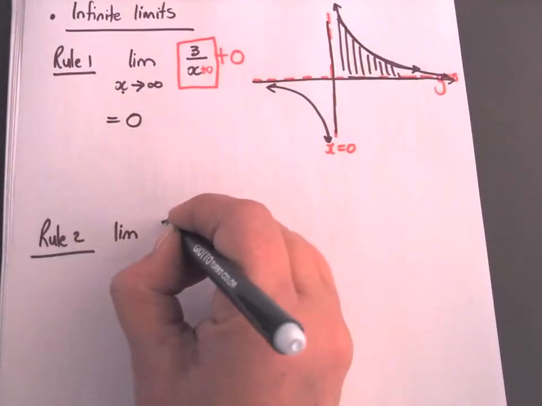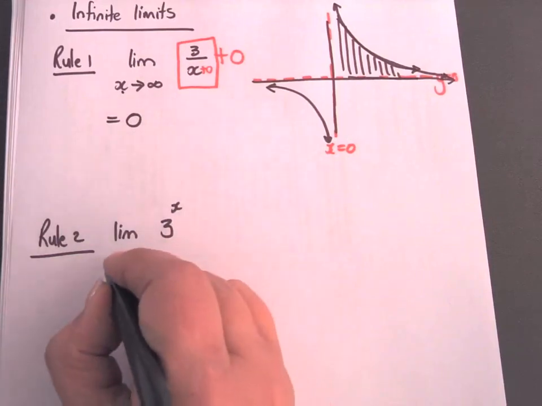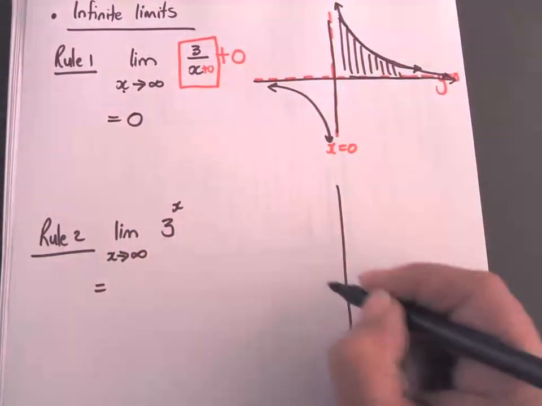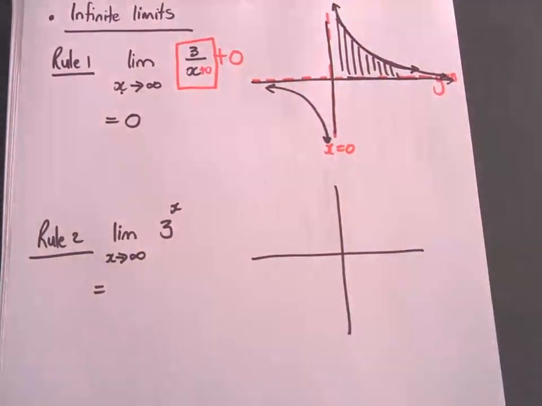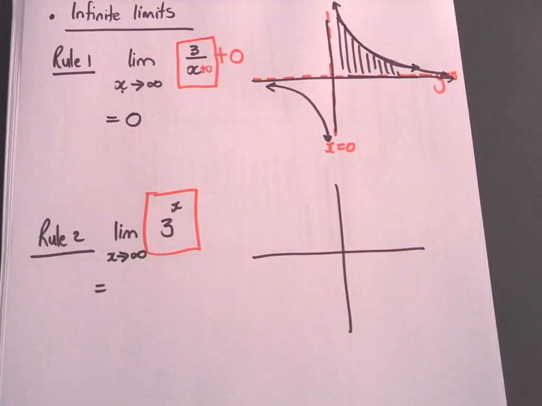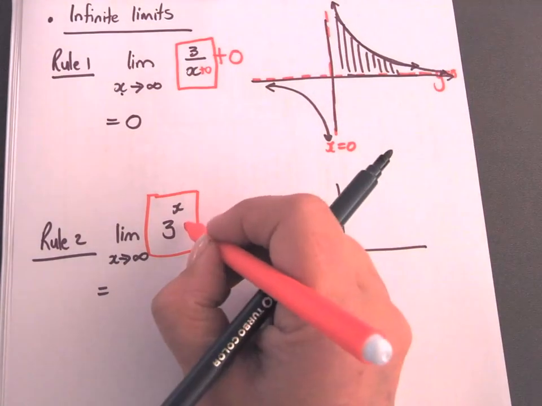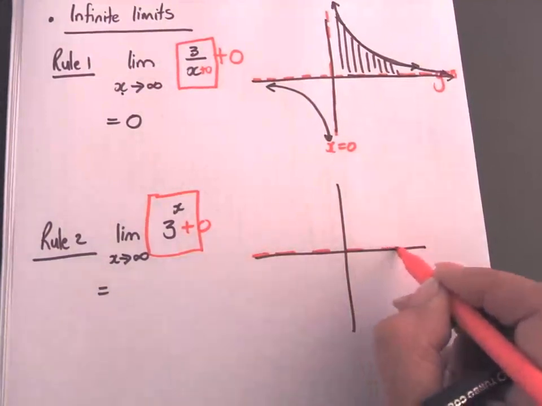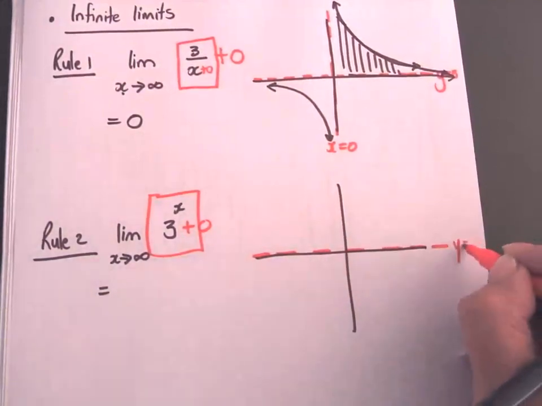The limit of 3 to the power of x, x tends to infinity. What type of function is this? Exponential. And we have a plus 0, so my asymptote is y equals 0.